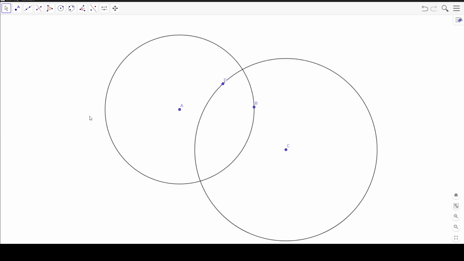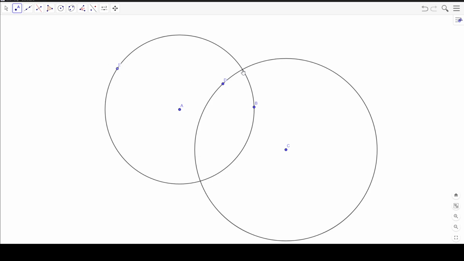And then the second theorem says something similar about when we have two circles. So if we look at the circle AB here, we see that the point B on that circle is inside of the other circle, and then the point E over here is outside of that other circle.